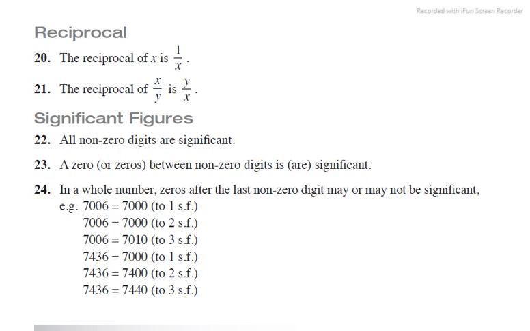Remember, we've said that the 0 after the last non-zero digit may or may not be considered significant. So in the first place we have not considered it, but since we are told to write to two significant figures, then we are considering the second 0, because there is no way you can write it to two significant figures without considering the 0.